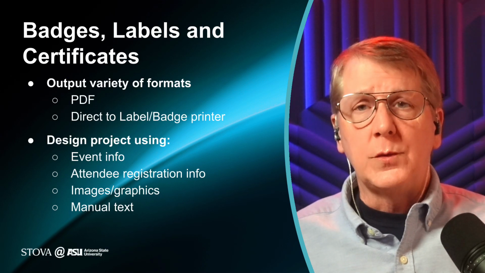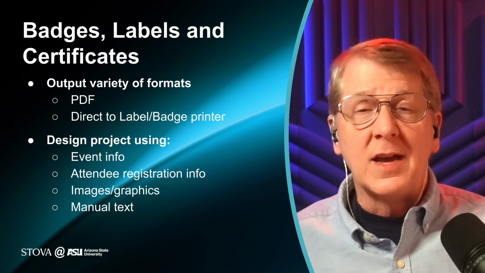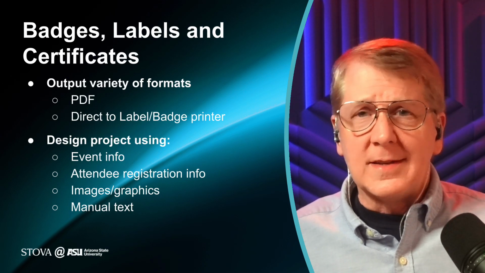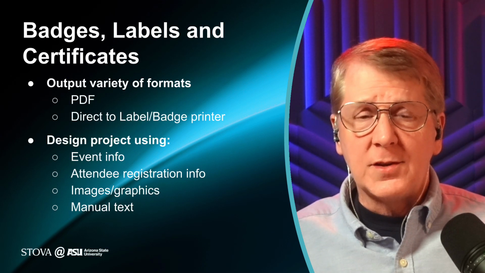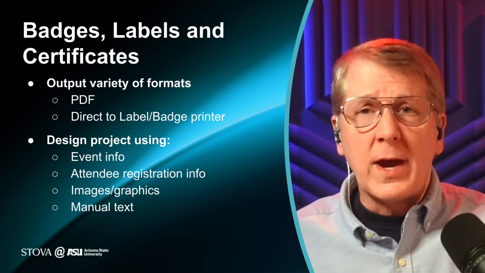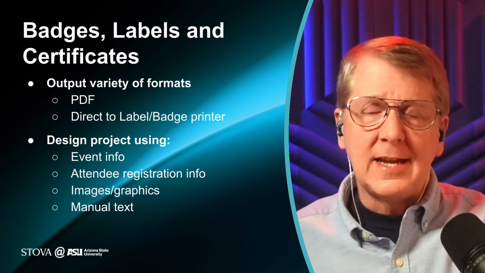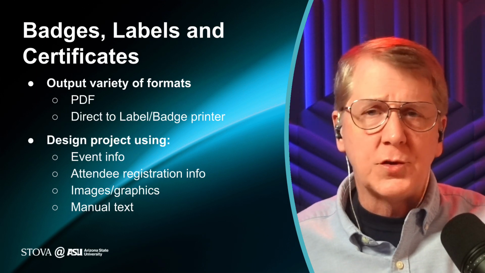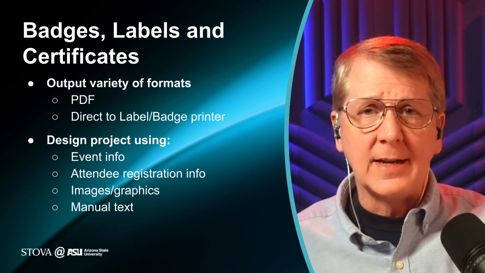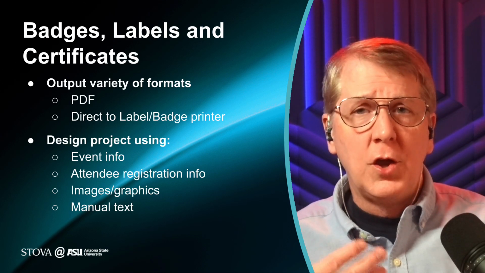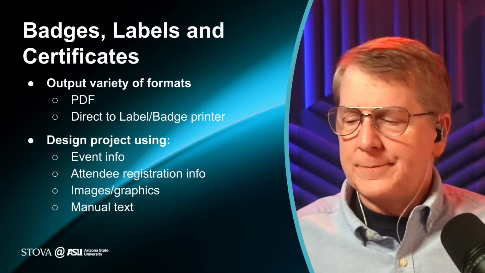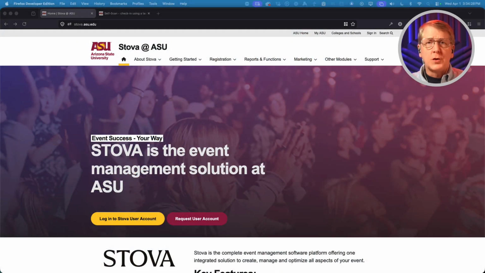You can also use this feature to print badges on site during check-in. And you can design your project using event information, the event name, of course, start date, end dates, locations, or anything in the attendee info section that you've asked your registrants during the registration process. You can also add additional graphics or images to these documents, or just put in manual text. So let's show you how to do that.